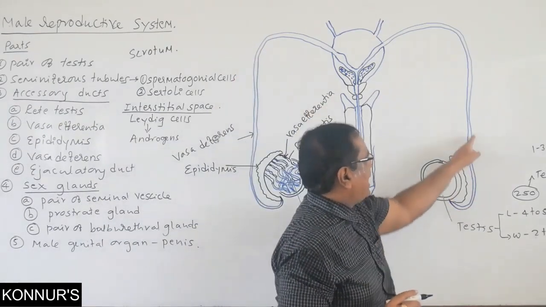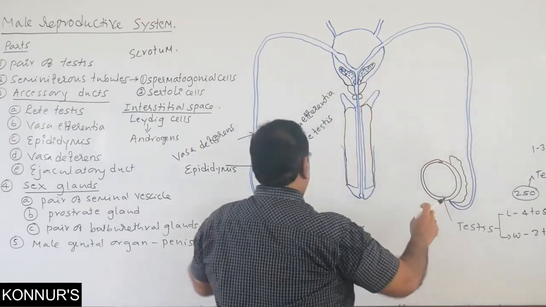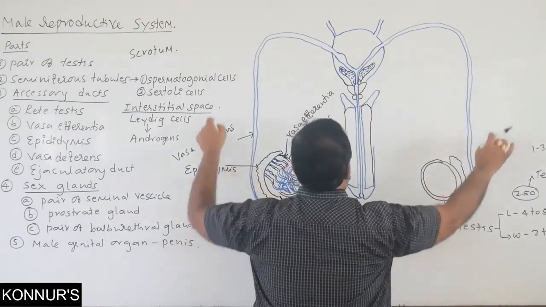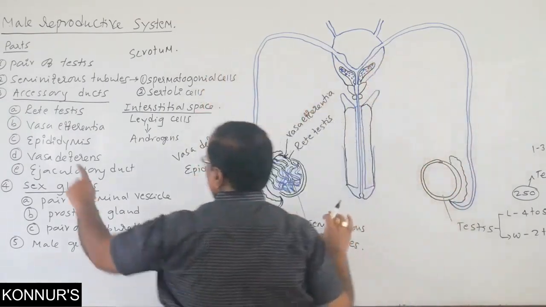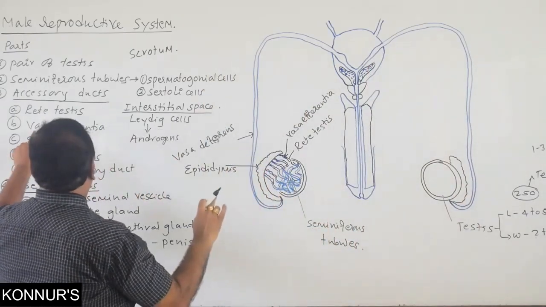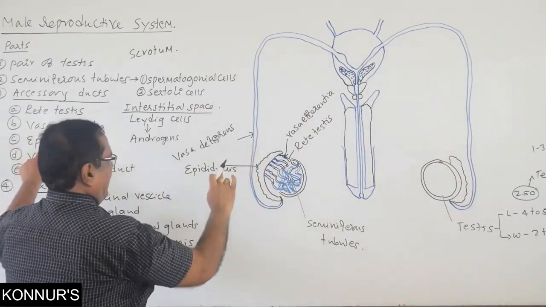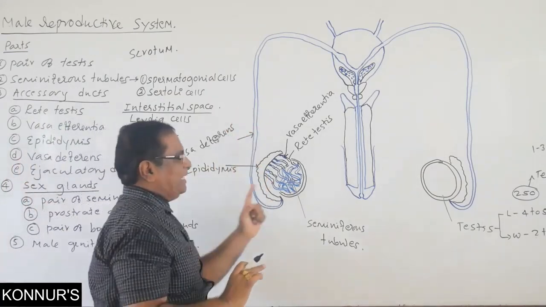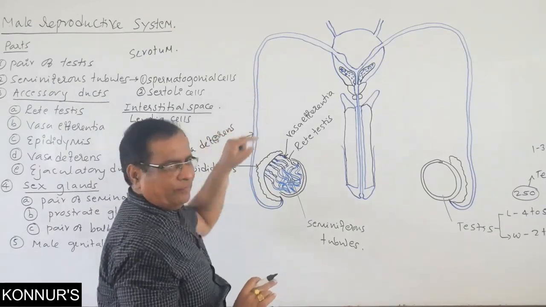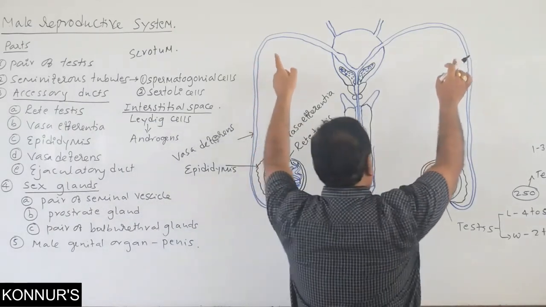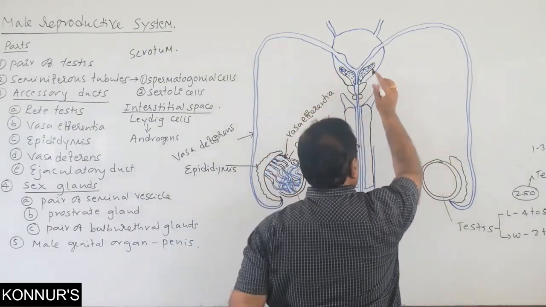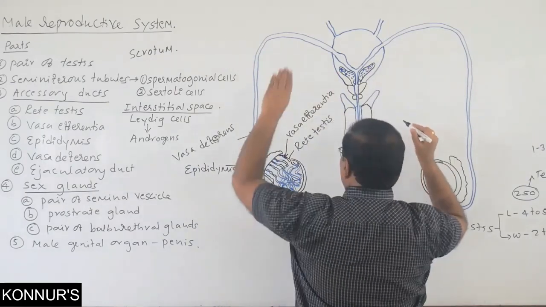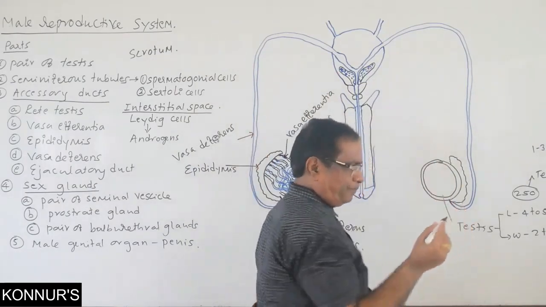From this testis, another vasa deferens. Two vasa deferens from two testes will come. See here: rete testis, vasa efferentia, epididymis, and vasa deferens. From each testis, one vasa deferens.